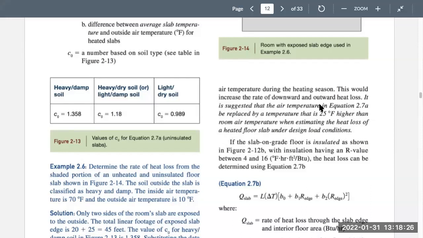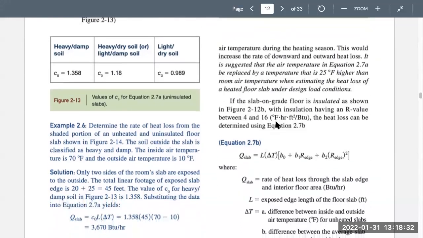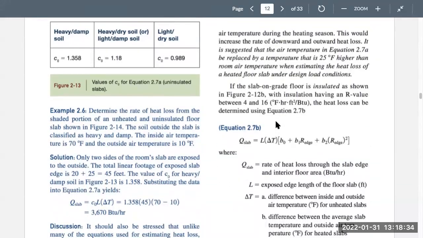So that seems like quite the guess there. So I'm not sure how much we want to get into that. So we're just moving on, but that's just a note that they gave you in case you're dealing with a heated floor or you wanted a heated floor.